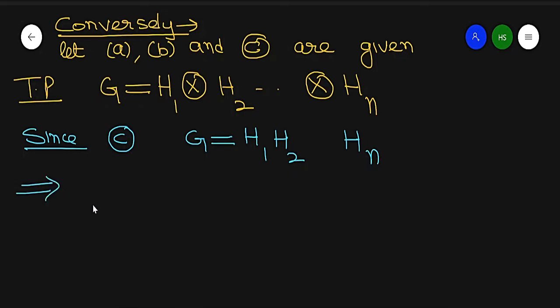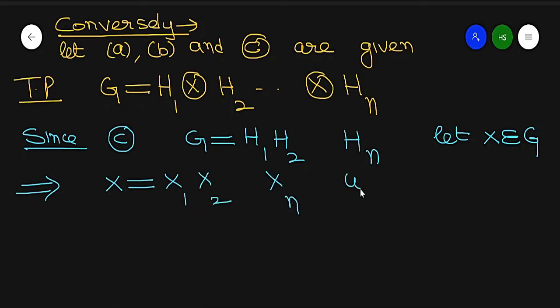So it means if I take any element x belonging to G, it implies x can be written as x1, x2, up to xn, where xi belongs to Hi, right? So I am using property number 3. Now also using property number B.